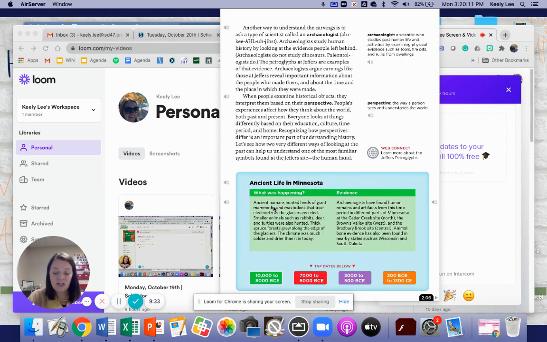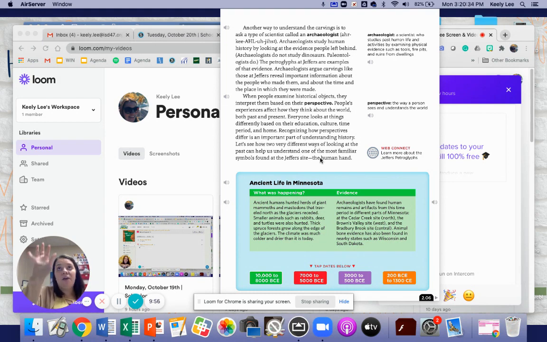Okay, like here it talks about perspective. When people examine historical objects, they interpret them based on their perspective. People's experiences affect how they think about the world, both past and present. Everyone looks at things differently based on their education, culture, time period, and home. Recognizing how perspectives differ is an important part of understanding history.